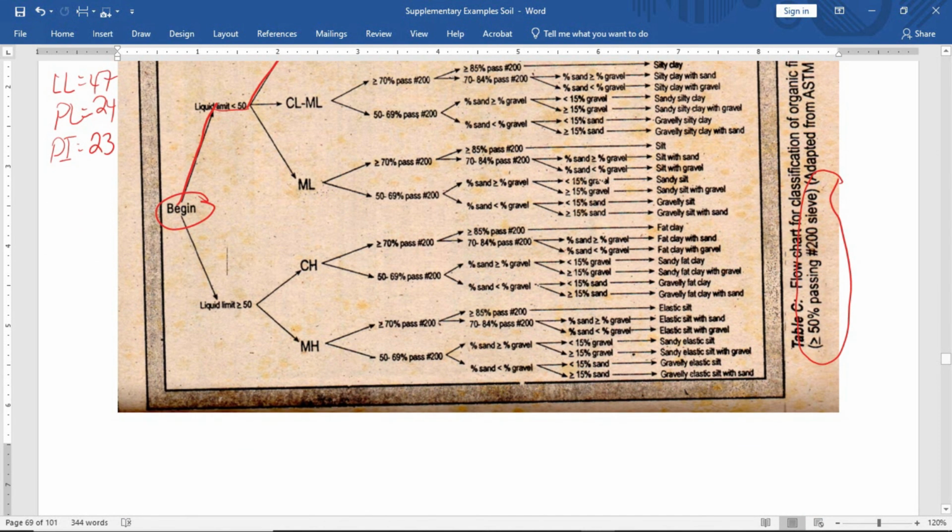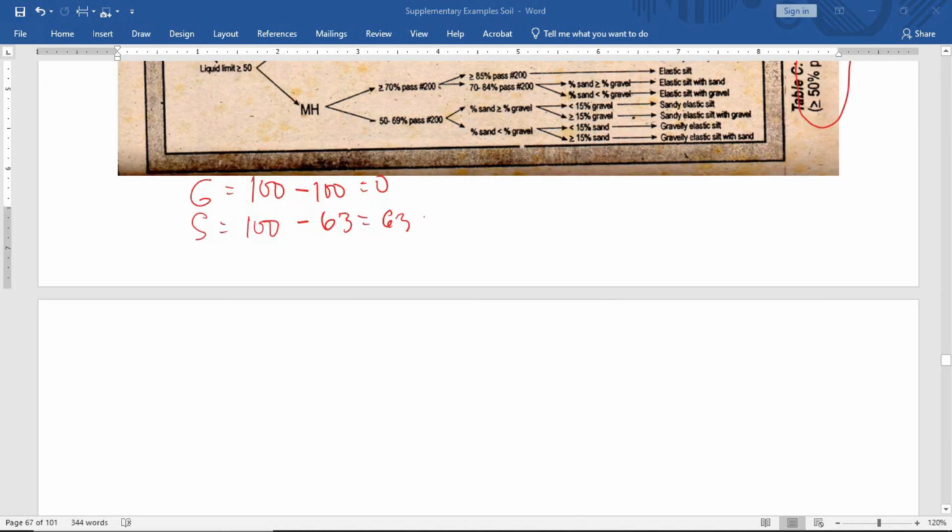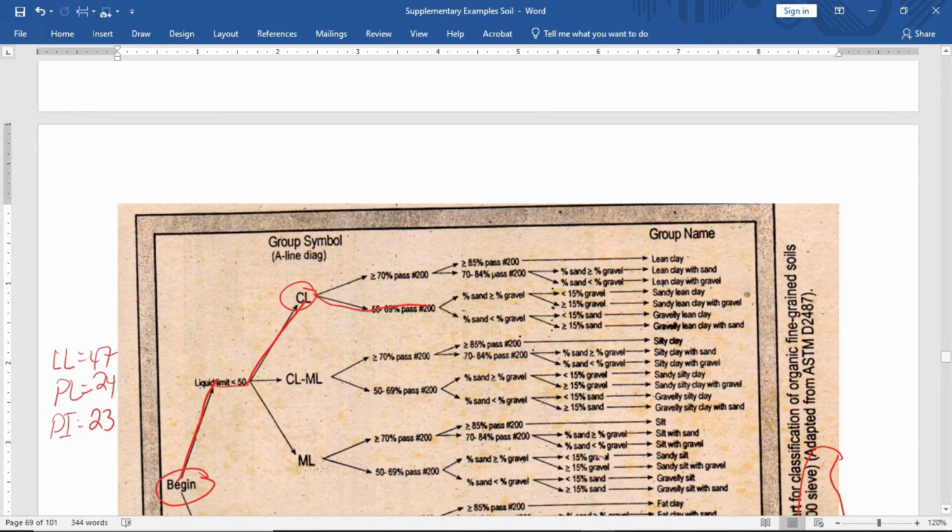Sa gravel, 100 minus 100, so 0% agad. Para naman sa sand, 100 minus yung para sa number 200, so 63%. We can say that sand is greater than gravel.